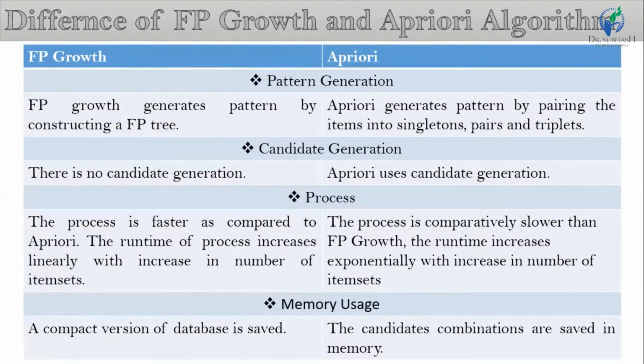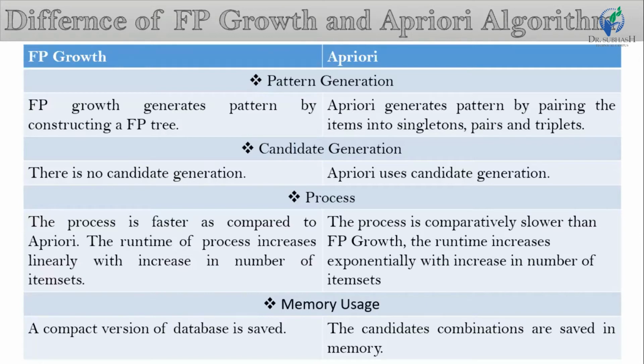Based on these characteristics, we have identified the differences between FP growth and Apriori. So first is pattern generation. FP growth generates patterns by constructing an FP tree. Apriori generates patterns by pairing the items into singletons, pairs, and triplets.